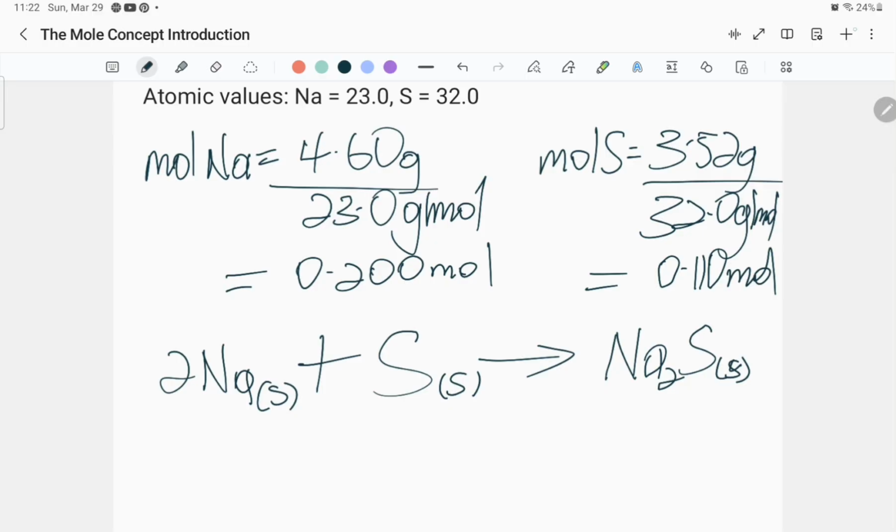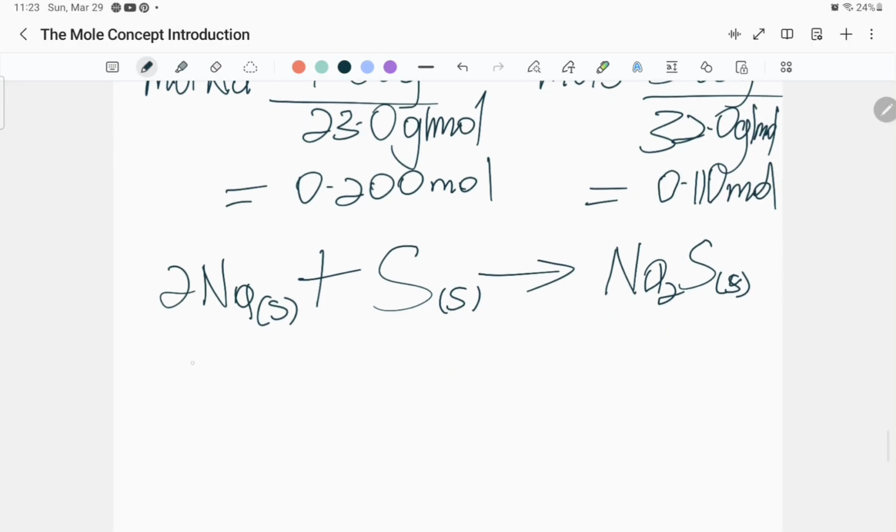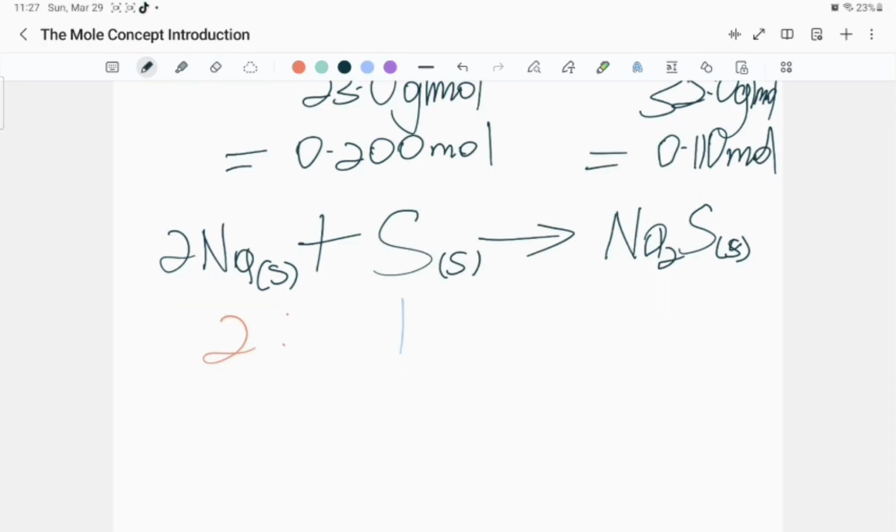From this equation, we could see 2 moles of sodium react with 1 mole of sulfur.